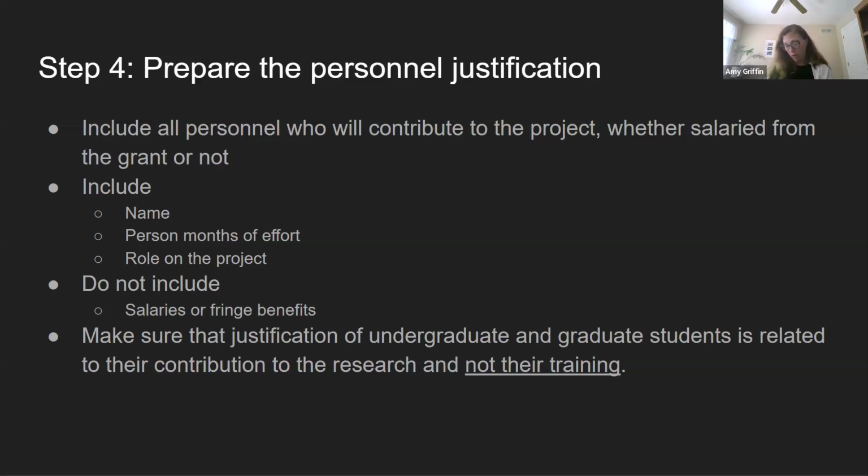If you make a comment about this being for a graduate student's training, then that's not appropriate for this grant mechanism, and you should consider having your student apply for a training grant instead.